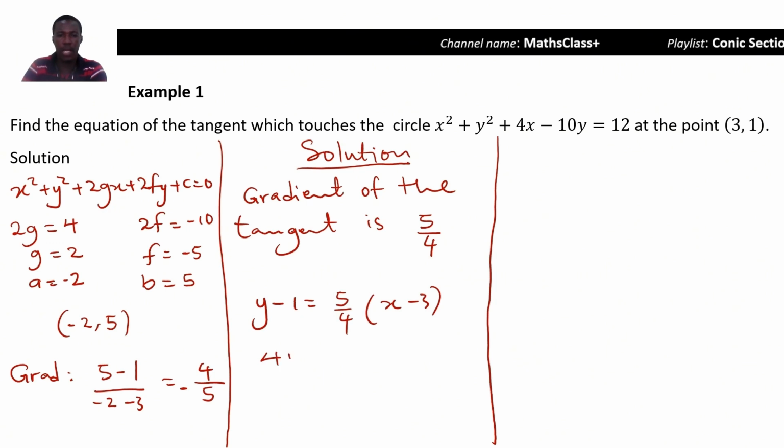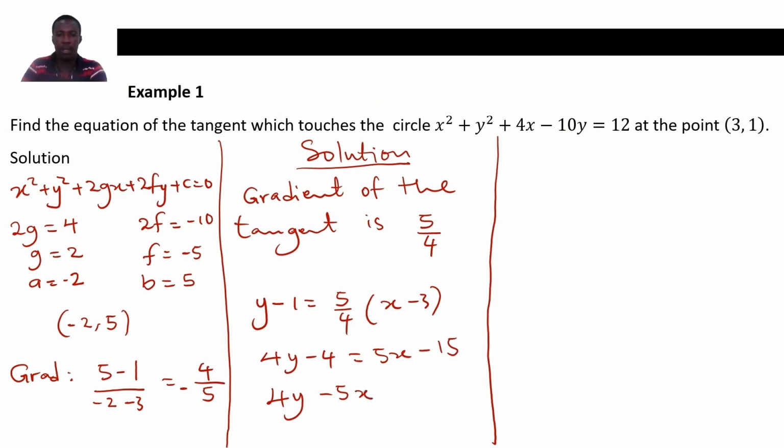So 4y minus 4 is equal to 5x minus 15. So our tangent line will be 4y minus 5x plus 11 is equal to 0. That will be our tangent line.